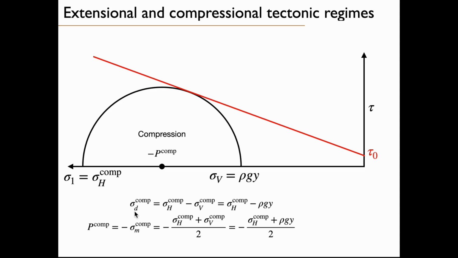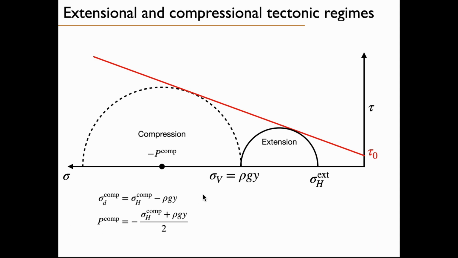So we can compute sigma d, the differential stress, and it's the difference between that value and that value. So it's sigma h comp minus rho gy. The pressure is minus sigma m, and it is equal to sigma h comp plus sigma v comp divided by 2. In other words, minus sigma h comp plus rho gy divided by 2.